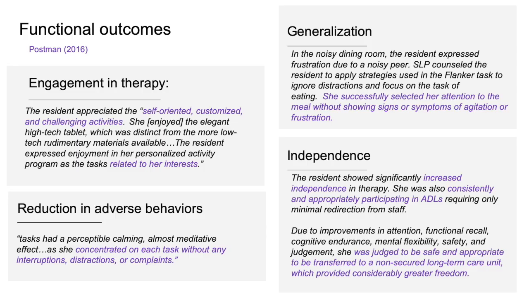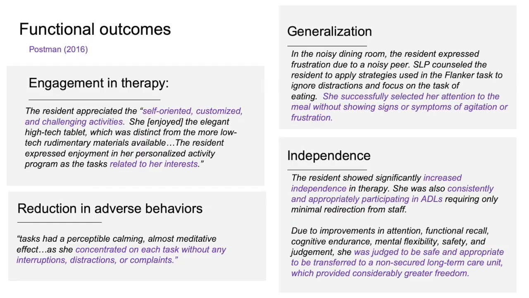And then the last goal was independence, and the author wrote that she showed increased independence in therapy, and she was consistently and appropriately participating in her ADLs. The outcome of this was that she was judged to be safe and appropriate to be transferred to a non-secured long-term care unit, and that provided considerably greater freedom for her.